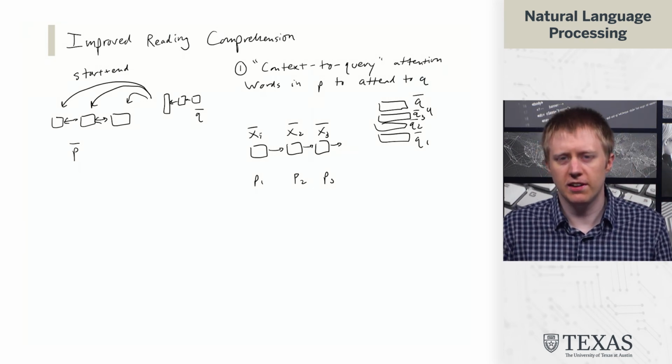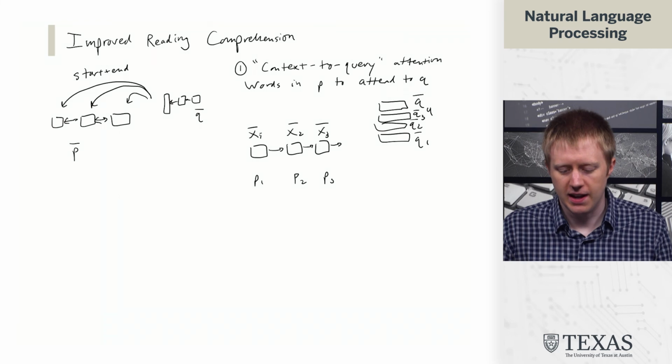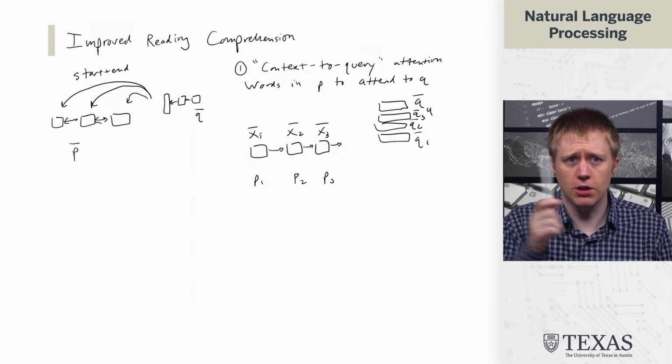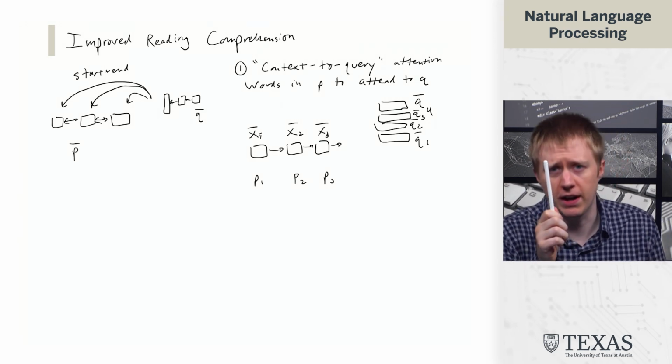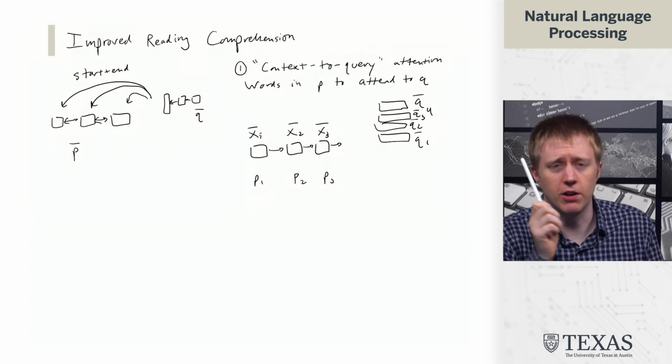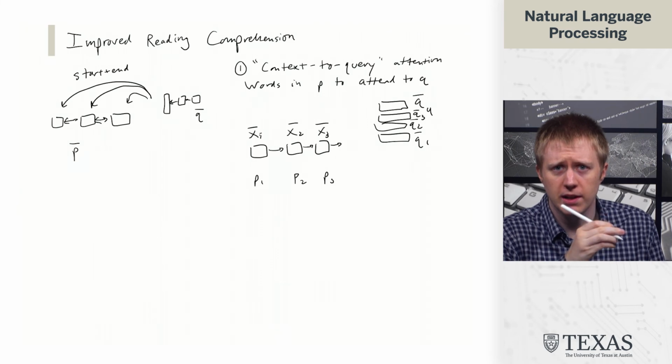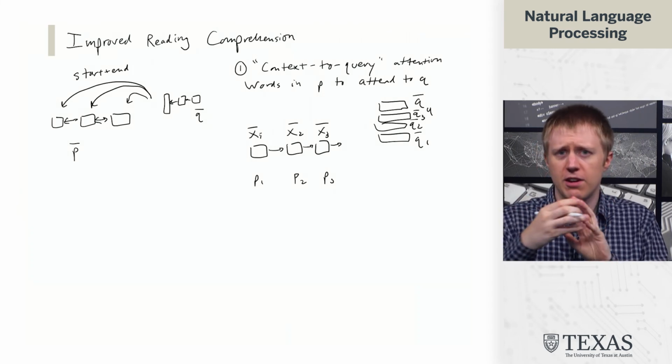So what this is going to allow us to do is capture more detailed word-by-word interactions between the passage and the question. So right now you cook the whole question down into one single vector, and you compare it to the passage. But what we want to capture in a lot of these cases are things like fine-grained entity matches.